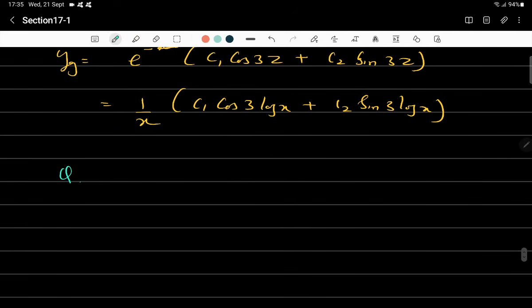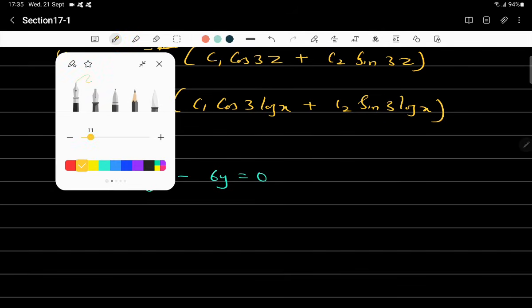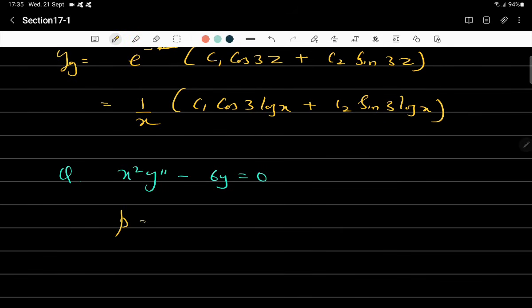Similarly, let's quickly try one more question. x square y double dash minus 6y is equal to 0. Please solve it by yourself. If you solve it, you will observe that p is equal to 0 and q is equal to minus 6.